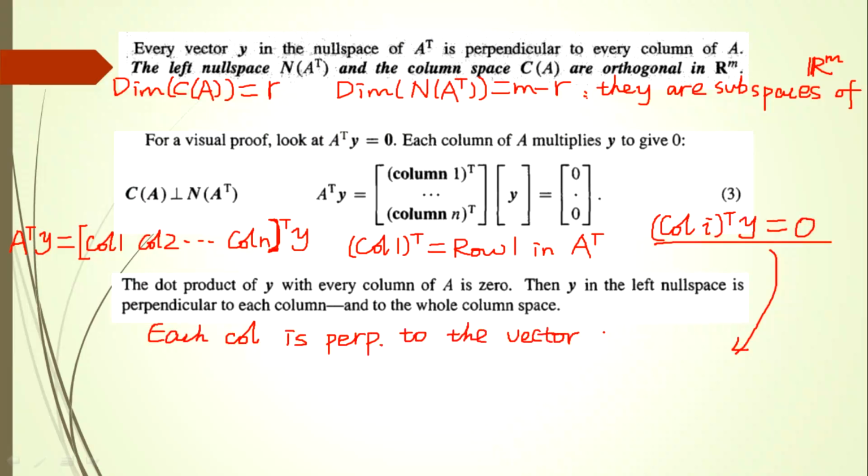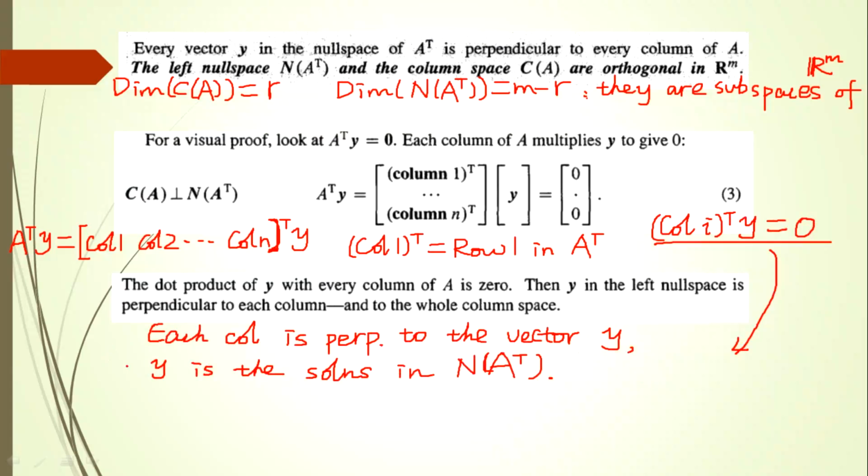What is y? y is the solution in the left null space. In the left null space, we use this notation. And again, each column is perpendicular to the vector y.